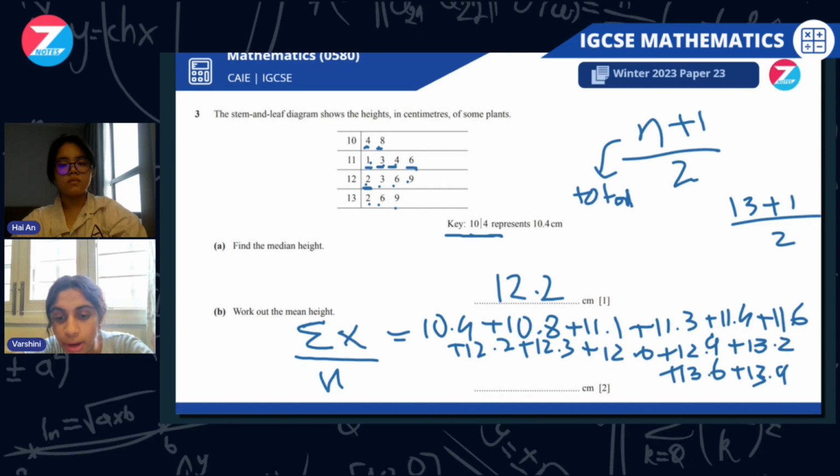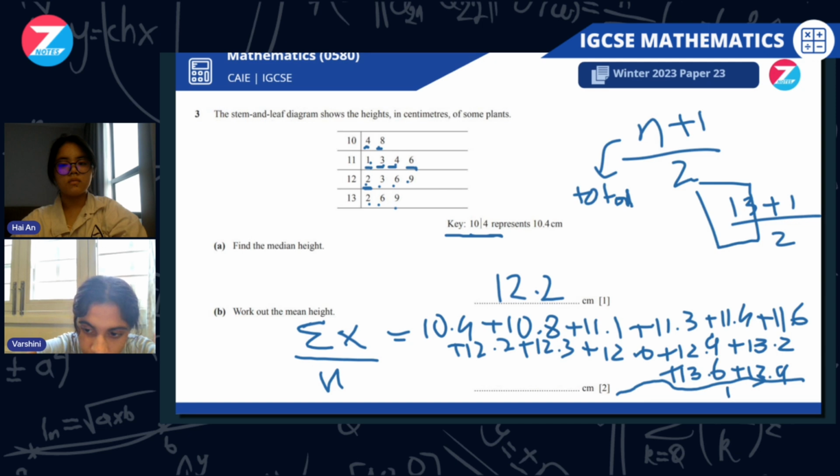So now if you put all of these in your calculator and then divide that whole thing by our total number, which we've already found to be 13, you should get 12.1. So that's our answer, 12.1 centimeters.